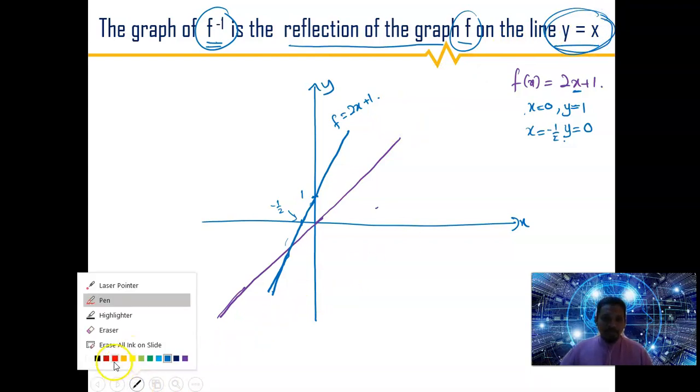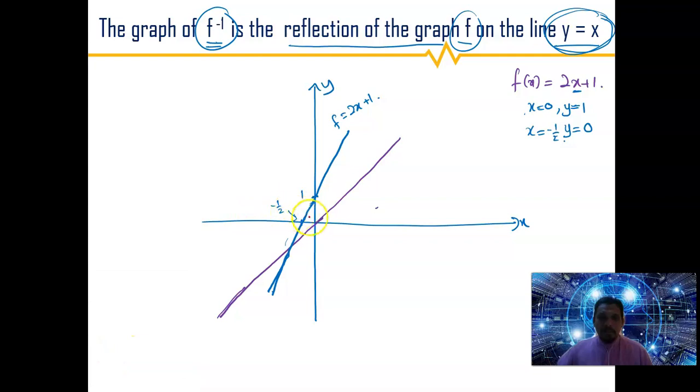So then, just imagine that if we bring this negative 1 over 2 here, and the 1 bring up here equal to 1.